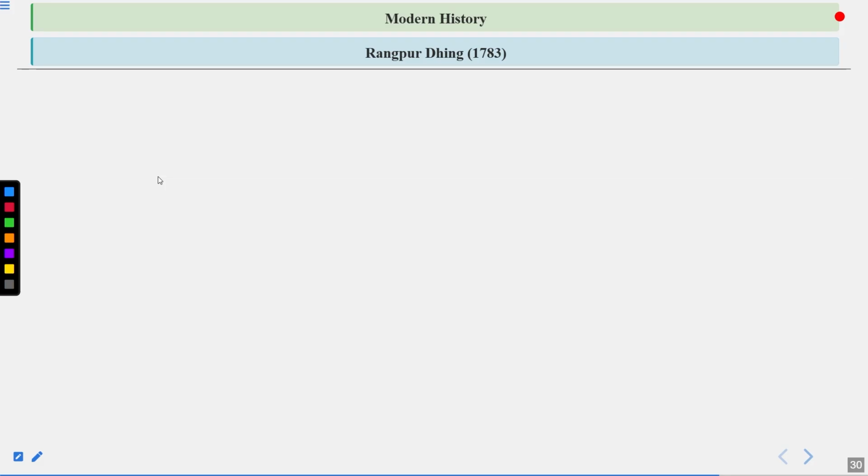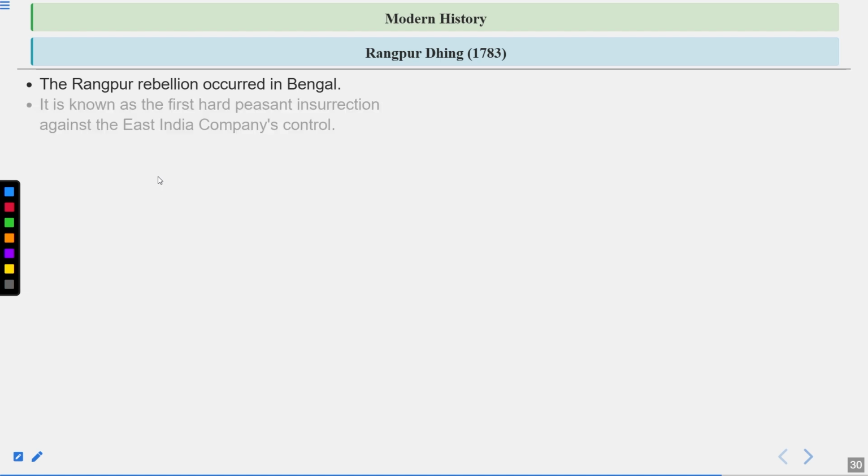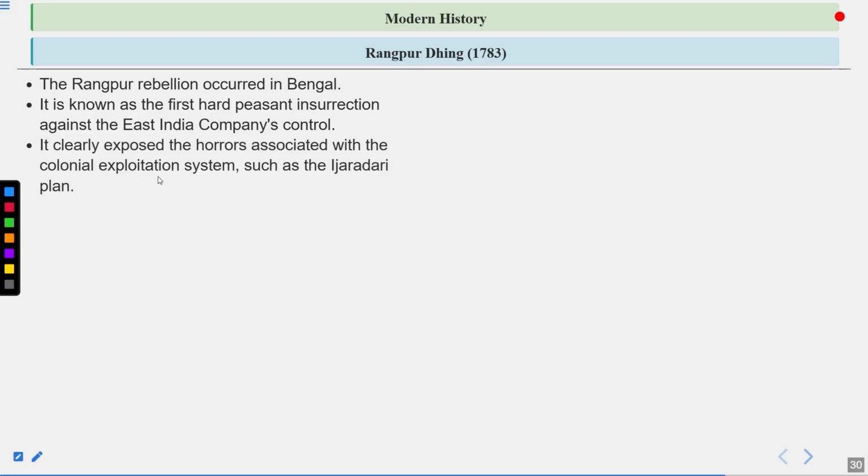Then Rangpur Dhing in 1783. The Rangpur rebellion occurred in Bengal. It is known as the first hard peasant insurrection against the East India Company's control. It clearly exposed the horror associated with the colonial exploitation system, such as the Ijaradari plan, a type of revenue system introduced by the Britishers.